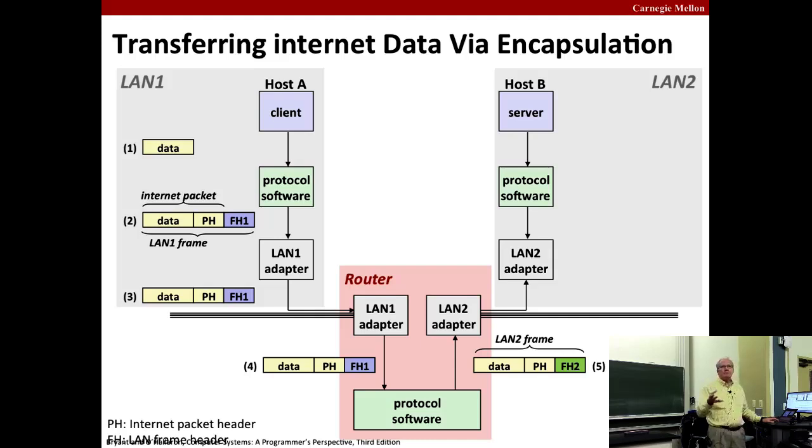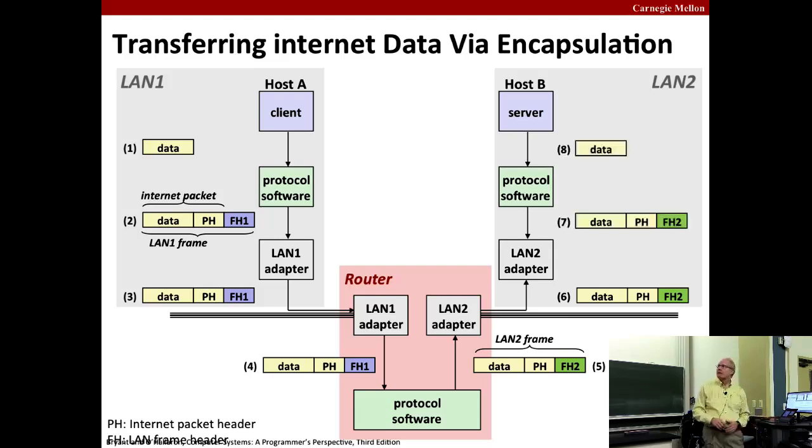It will put its own frame header on it to pass it in, and that then gets stripped off so that all host B sees is the data that gets sent. But this idea of putting headers in front, what they call encapsulation, that I'll take this big packet and I'll just tack some more header information on the front of it, and I'll send through the rest of it just as a set of bytes.